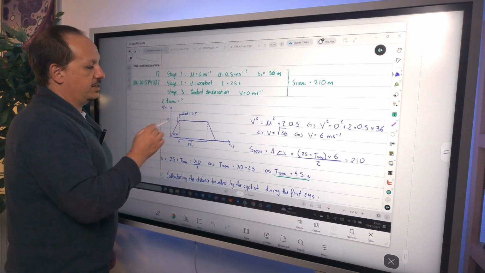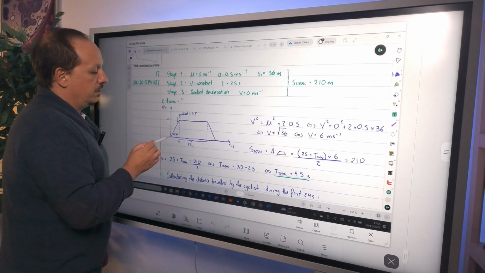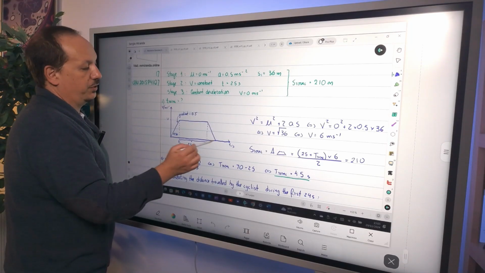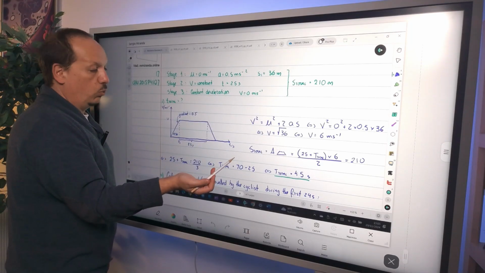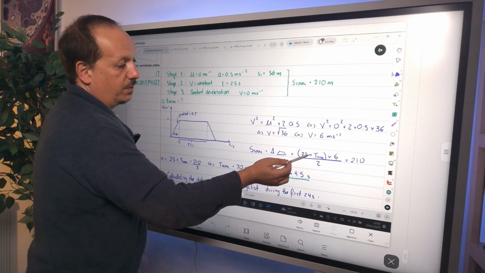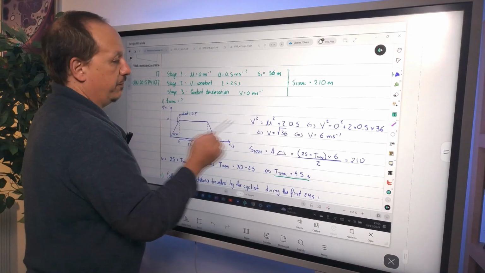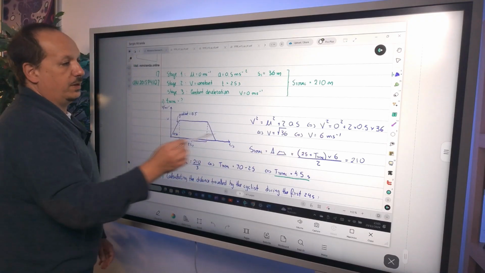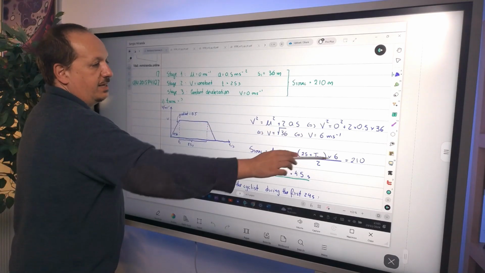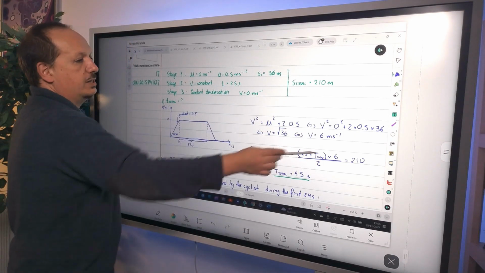What shape is this? This is a shape of a trapezium. So this is 25. This side over here is basically what you want. You know the value of the area, so just plug in, all right? So 25 plus the total time, times the distance between them, which you just calculated, is 6, divided by 2, is 210.